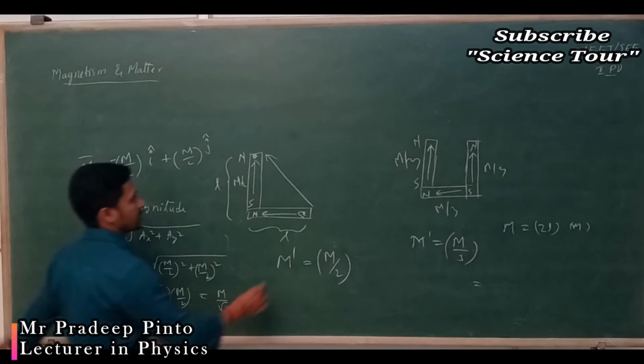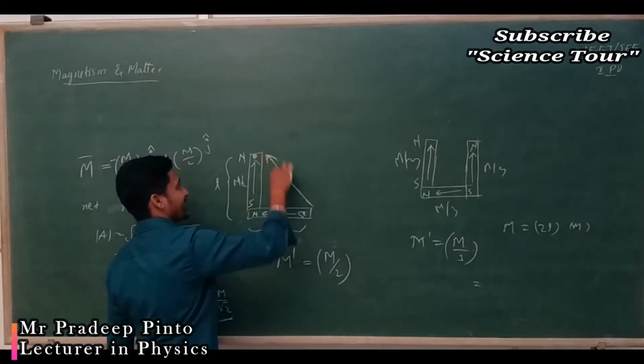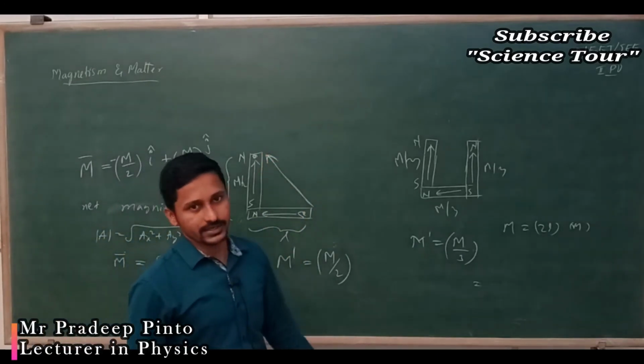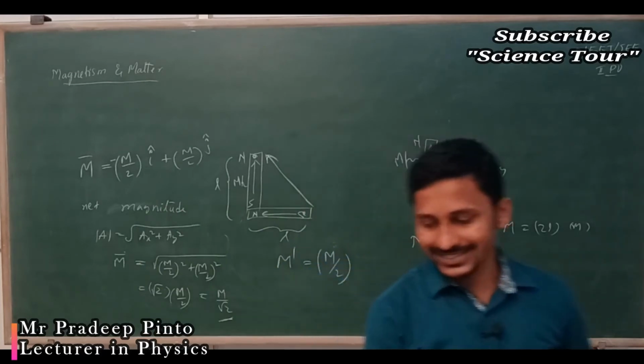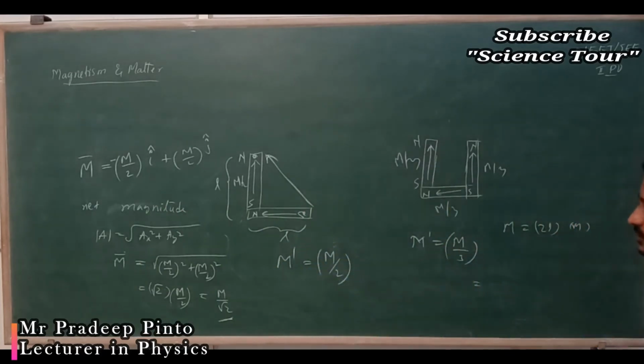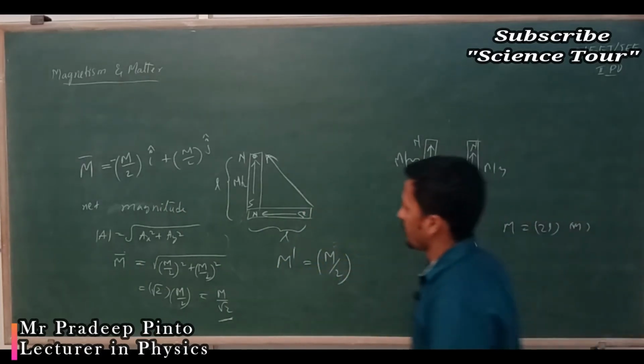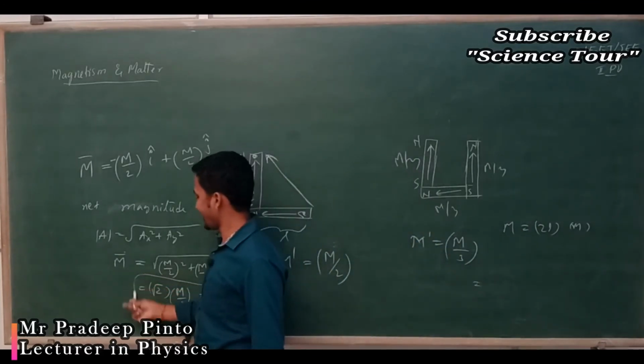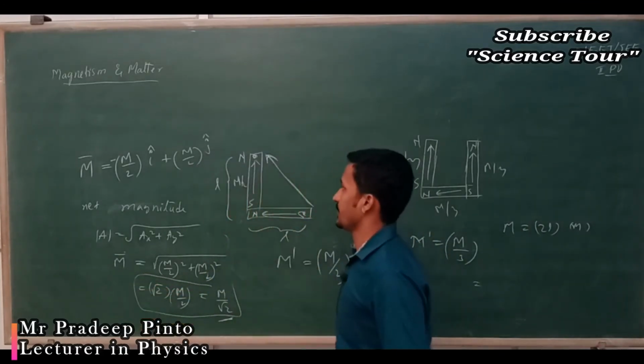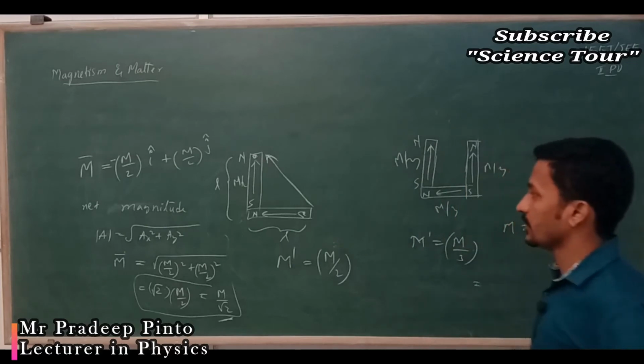In which direction? This is the direction, using the triangle of vector addition you can make out. The total magnitude of the magnetic moment, if you align those two magnets in this way, becomes m by root 2.